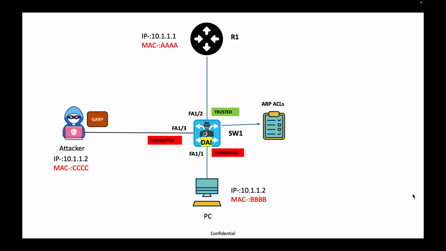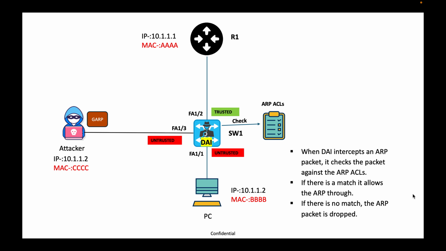So you create ARP ACLs by defining rules that specify permitted or denied IP to MAC address mappings. So when DAI intercepts an ARP packet, it checks the packet against the ARP ACL. If there is a match, it allows the packet through. If there is no match, the ARP packet is dropped.